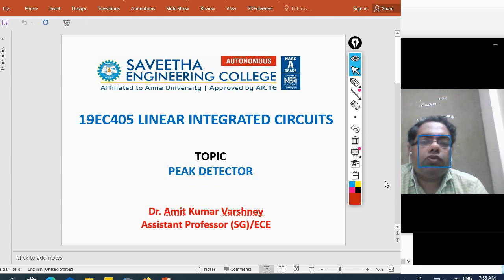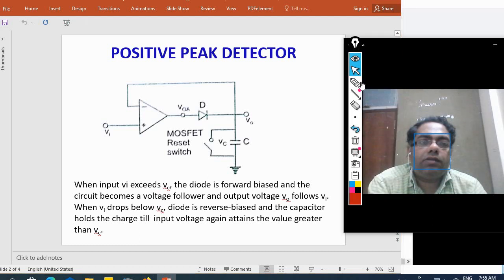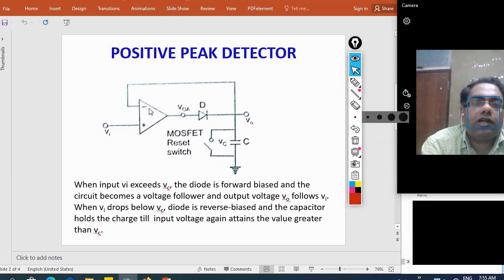So today I am going to discuss the peak detector circuit using op-amp. Now this is the basic circuit of a positive peak detector.